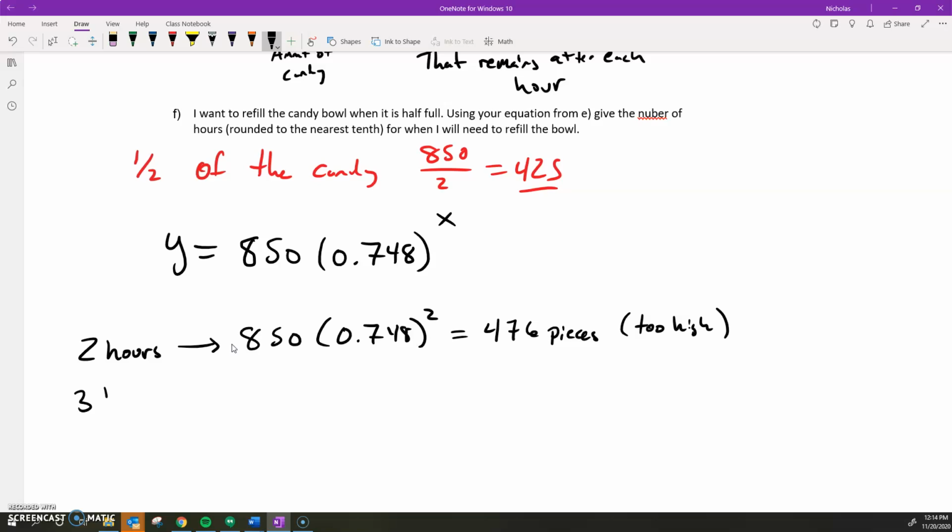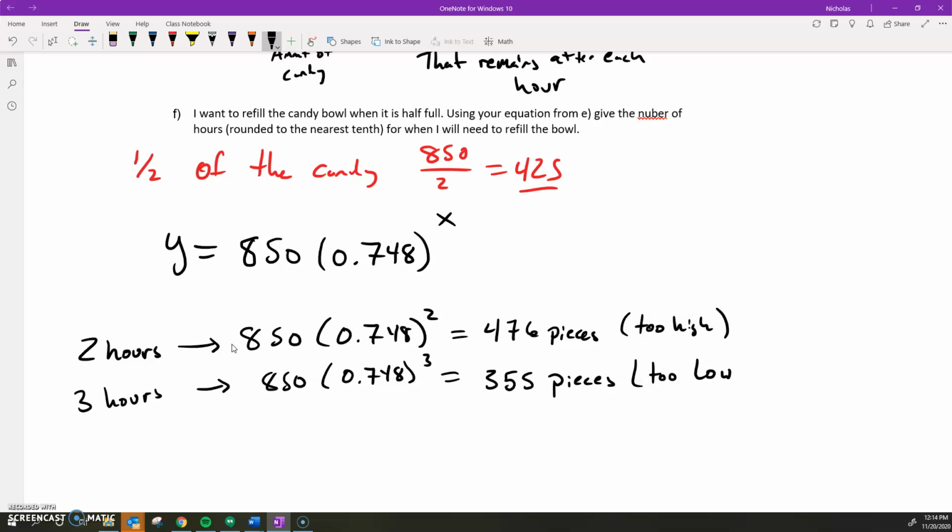Let's try 3 hours. 850 times 0.748 to the third power. When I evaluate this, it tells me it's 355 pieces. Well, that's too low. All right, so it's somewhere between 2 and 3.